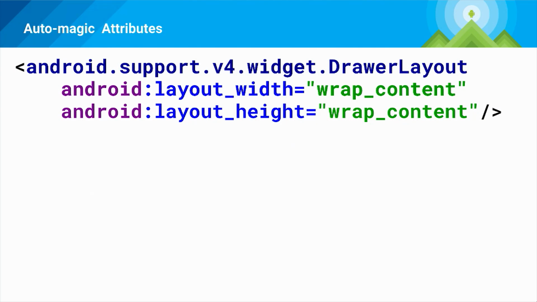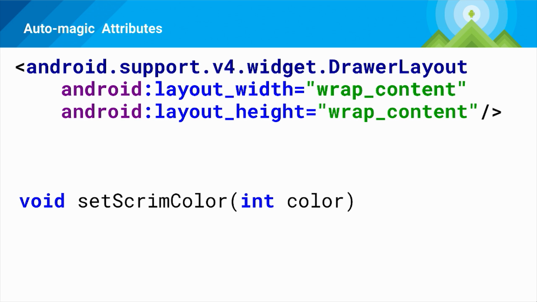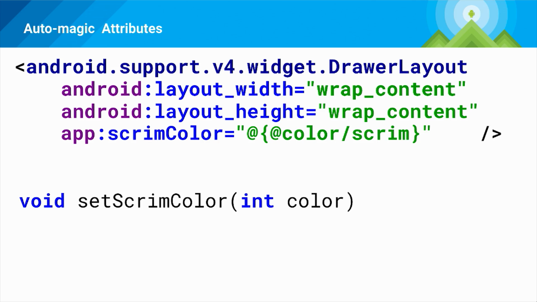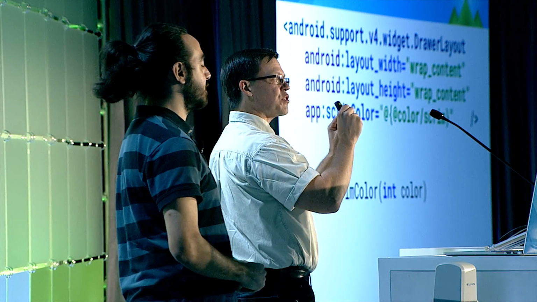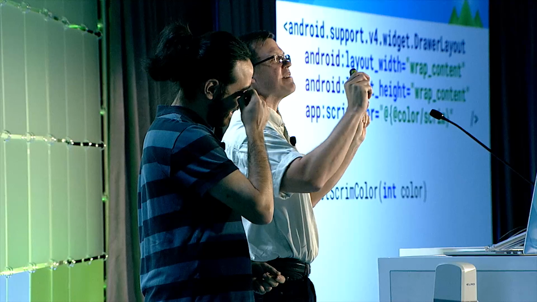Also, we have these automatic properties. For example, here's this drawer layout, right? And there's this really nice setter, setScrimColor. Wouldn't it be nice to be able to just set it right there in your layout file? But there's no attribute for that. Well, we could just sneak in and say, set scrim color looks a lot like scrim color, with a set right in front of it.